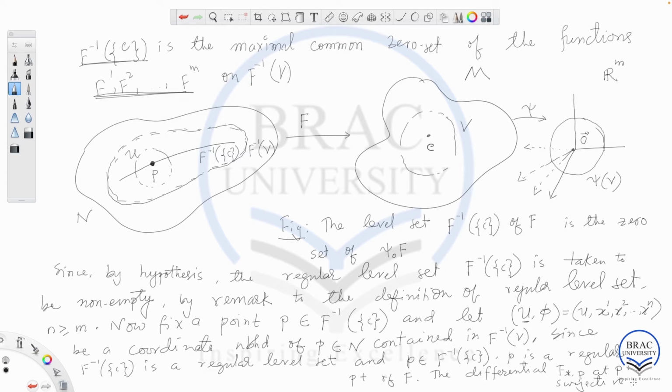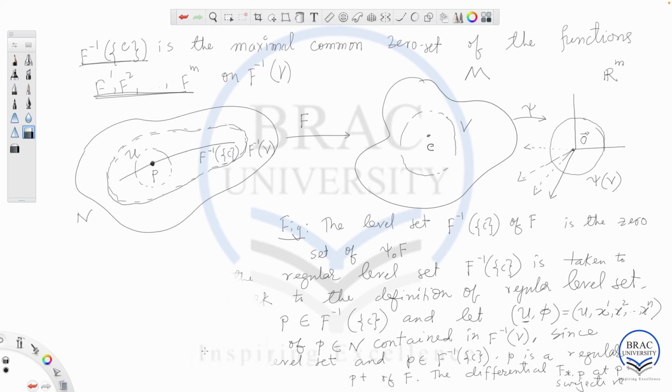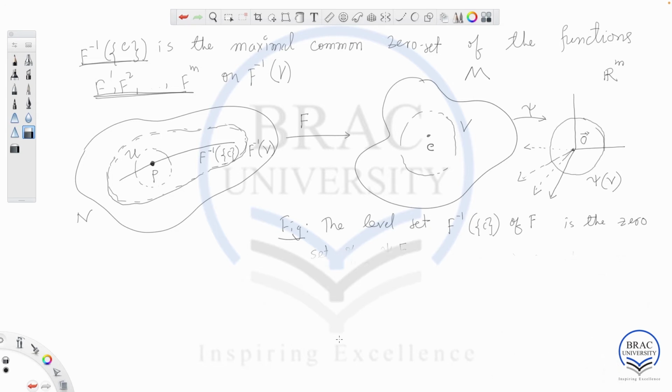Okay, so the differential F star comma P of this smooth map F at the point P is going to be surjective. So let me erase this part. I want to keep the picture intact.